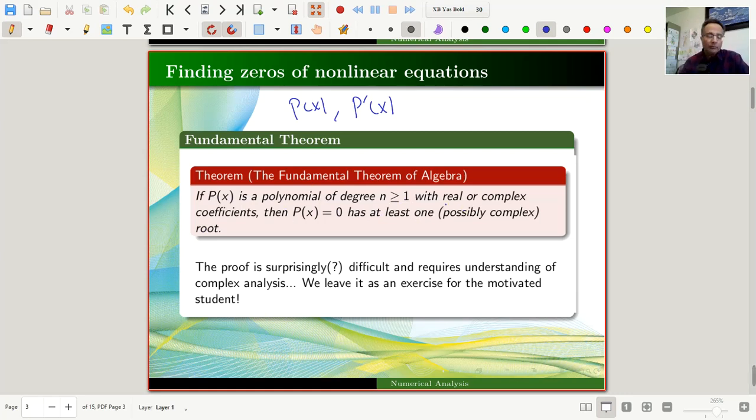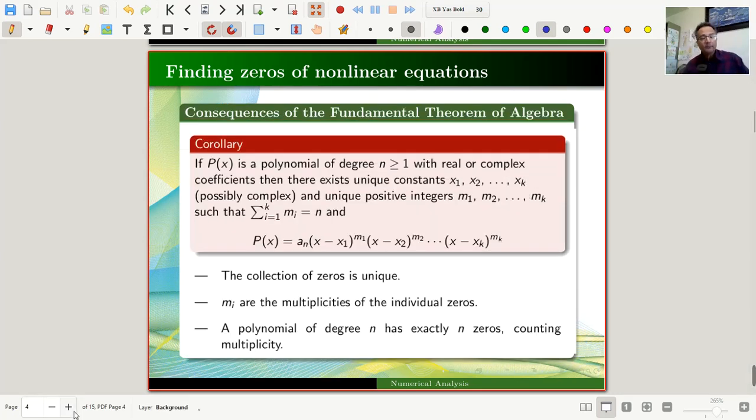It may be a real root or complex roots. And in the general form, we know that a polynomial of degree n has exactly n real or complex roots. What do we want here? We want to find the real roots of a polynomial.